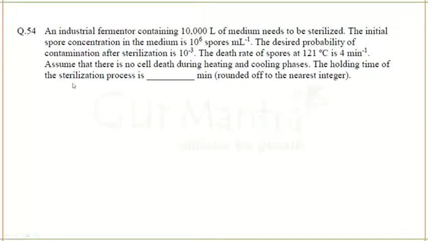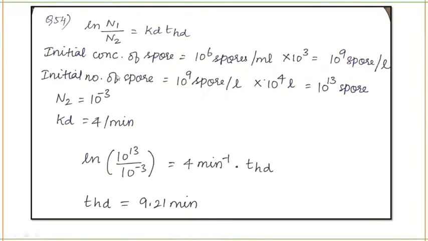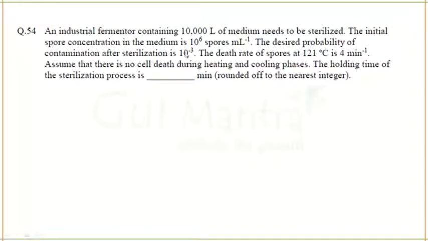The holding time of the sterilization process, they're asking you the holding time. For this also you simply have to know the formula: ln N1 by N2 is equal to Kd into THD, where THD is the holding time, Kd is the death rate constant, and N1 and N2 are the initial and final numbers of spores. Final number of spores is given as 10 power minus 3.